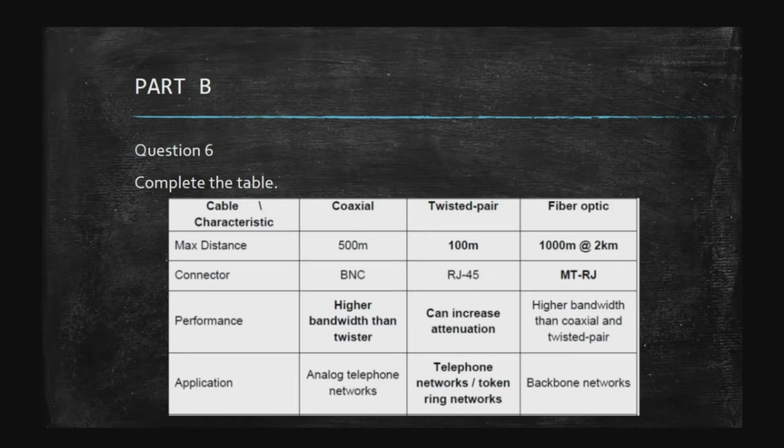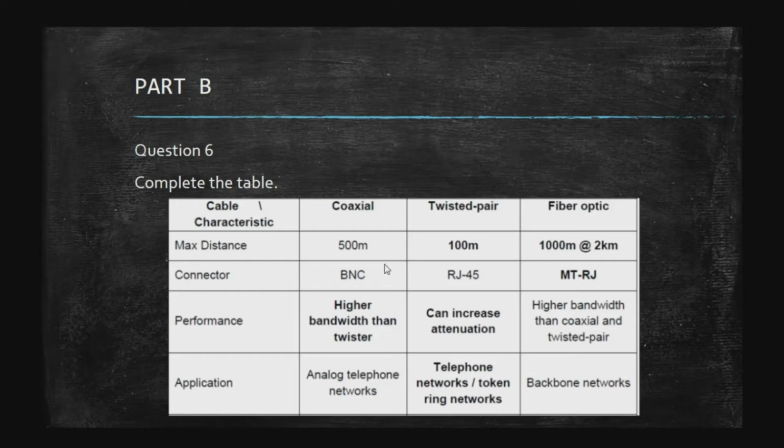So if you want to create a network with the longest or largest area, you need to know which kind of cable you should use. So now we have this maximum distance.